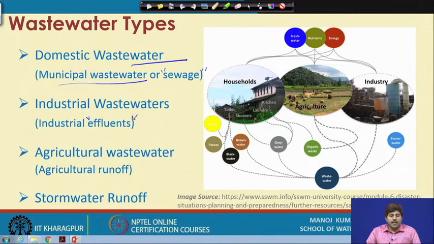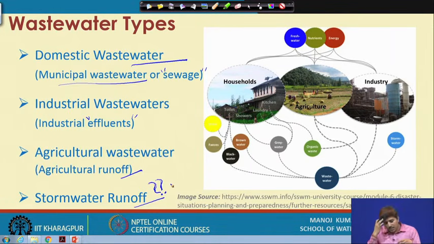There is agricultural wastewater, which comes in the form of agricultural runoff, and storm runoff can also be considered a wastewater type. However, it is not necessarily considered wastewater, and many people do not consider it so. But if we look at municipal sewage treatment plants, in places we have combined STPs. A combined STP essentially takes municipal sewage and stormwater, mixes them and then treats them accordingly.